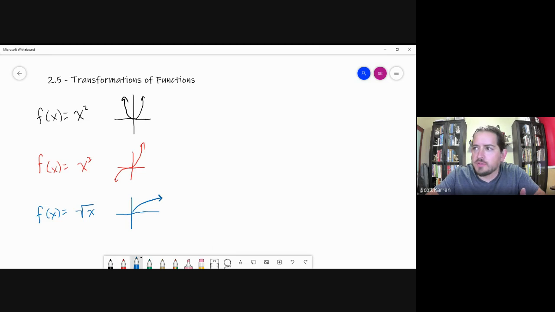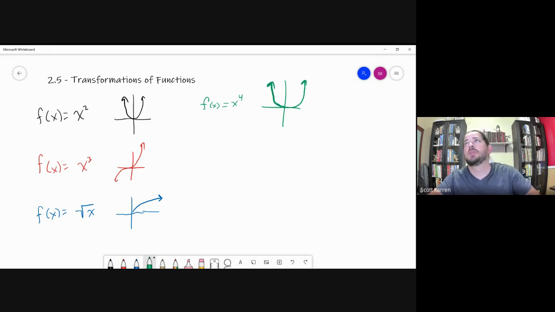Some of the polynomials, before we get too crazy with them, x to the fourth looks like this. It almost looks like x squared, but it's a little bit more of a round bottom. That's not too bad.